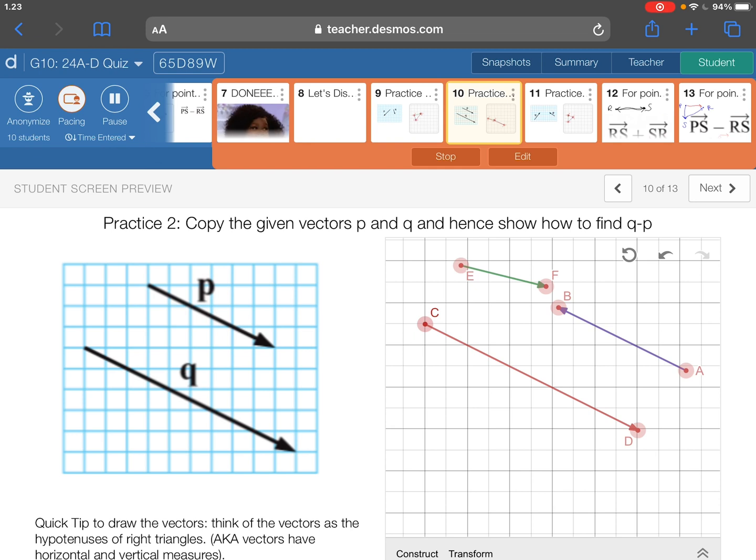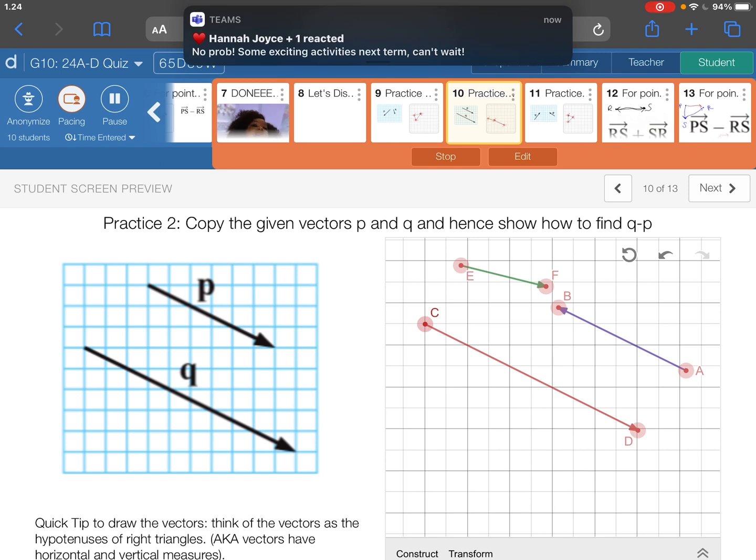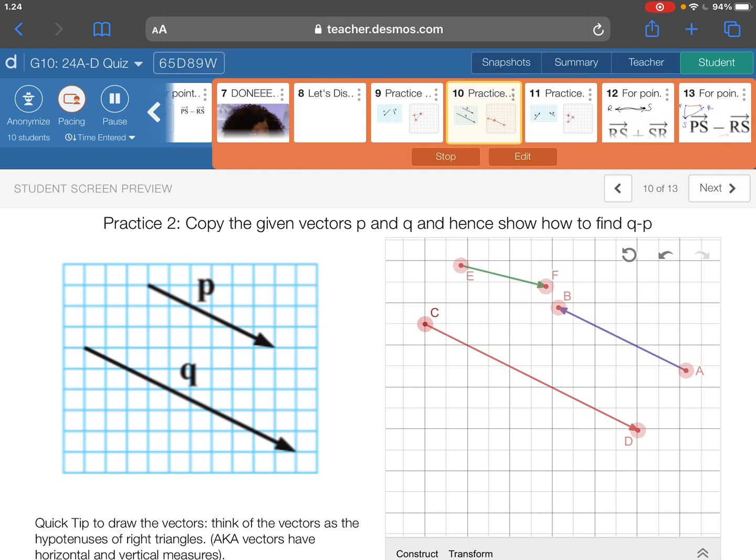Then 1, 2, 3, 4, 5, 6, 7, 8, 9, 10. So 1, 2, 3, 4, 5. All right, and then we're going to add negative P, which is the opposite direction of P, and we just add it together. So we're starting at D here.